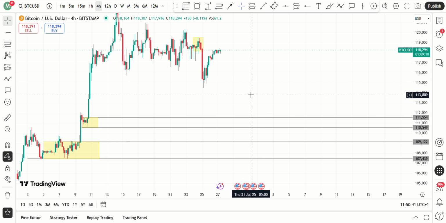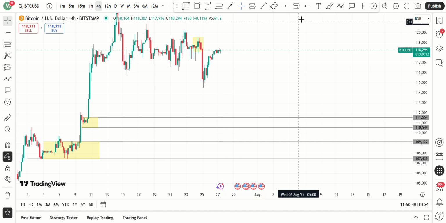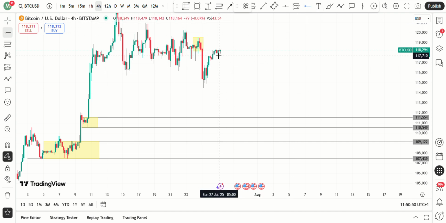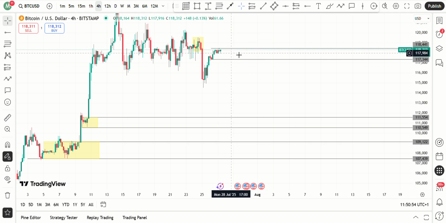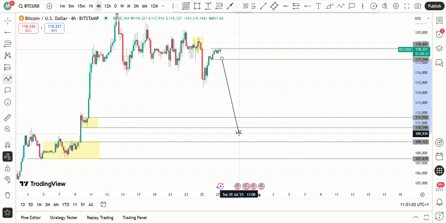So for argument's sake, price has created supply here. Price has created supply here. This is supply now, all right, because it will create supply on the way down. So price has broken this demand. Sweet.